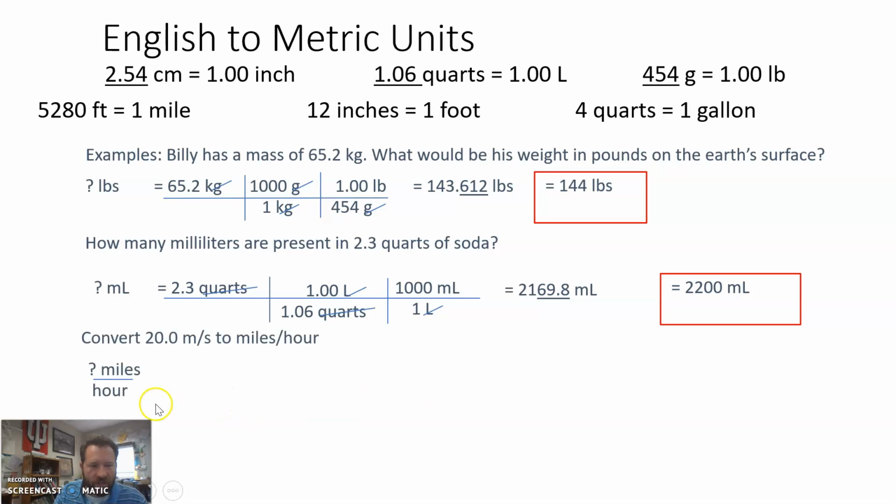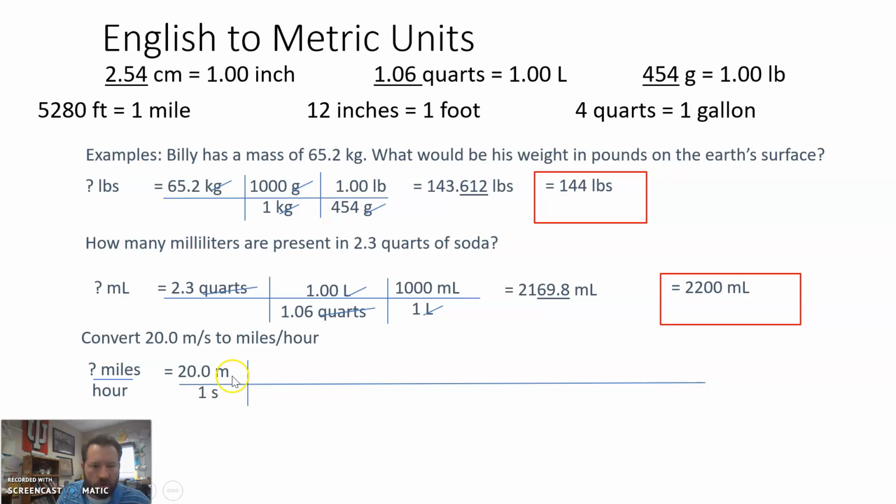All right, our final example here, convert 20.0 meters per second to miles per hour. Again, I'm going to set this up just like I've set up some other ones. Question mark miles per hour, that's what I'm looking for, equal to 20 meters per second. Now I have my choice.